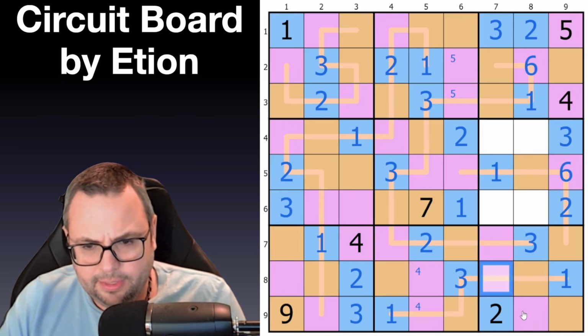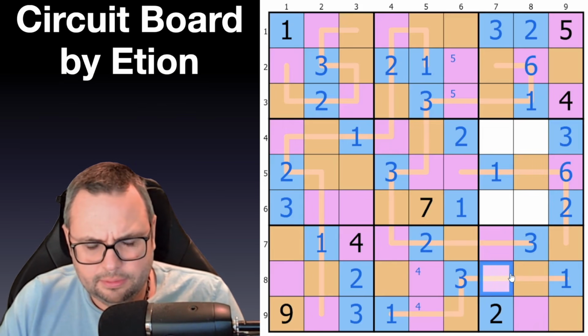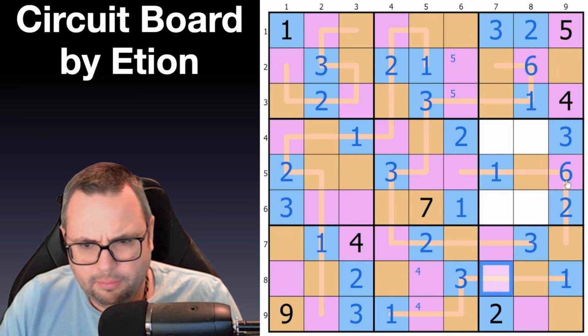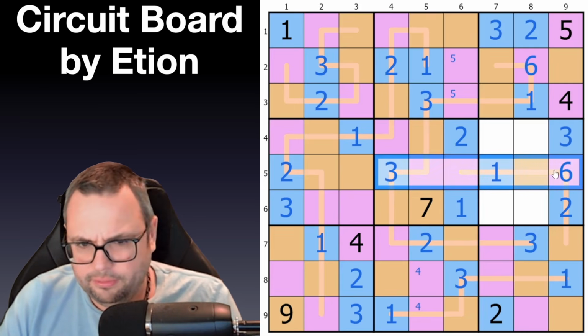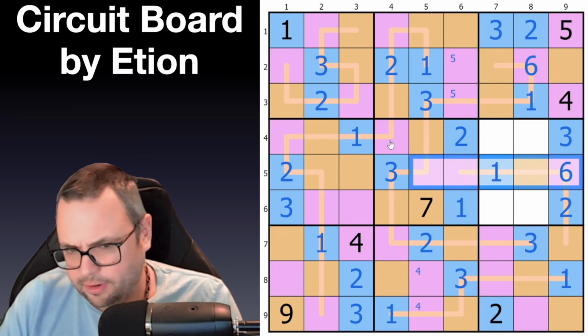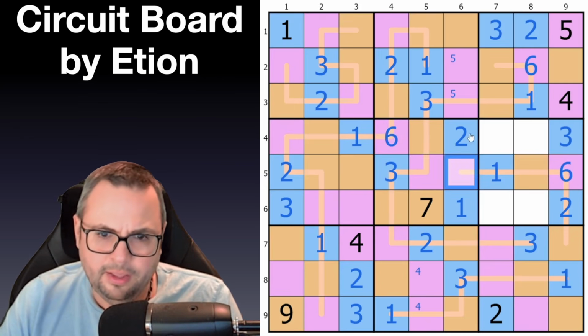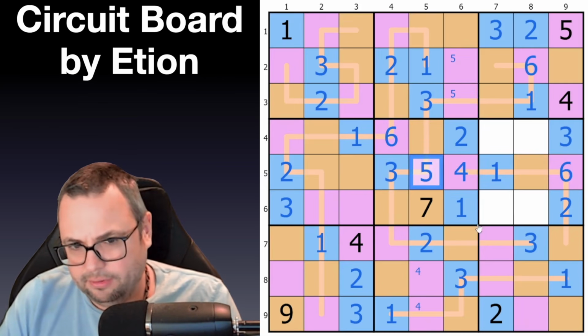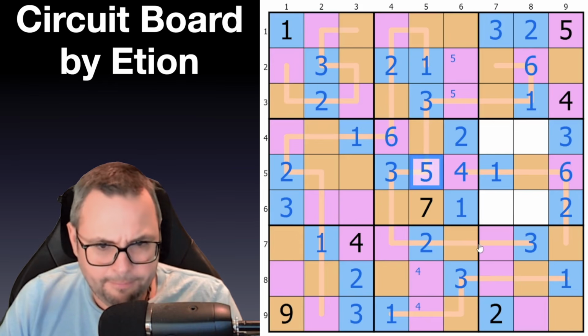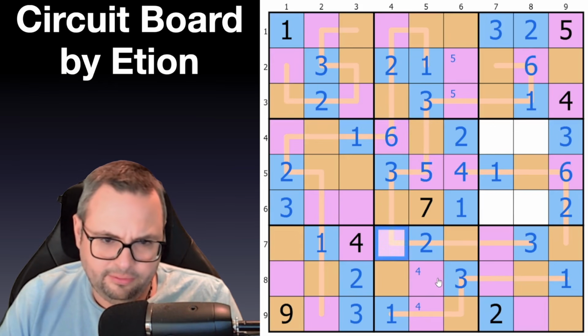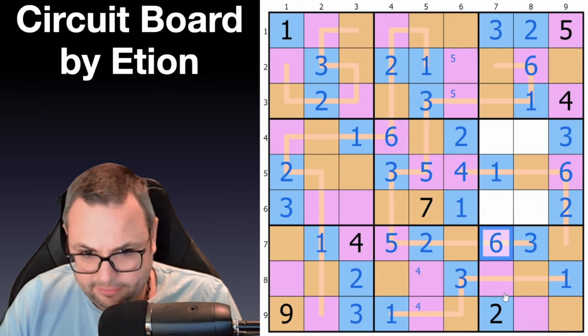Let's see. Okay, well, let's start doing some more of this Sudoku stuff. So this 6 looks across the box and places a 6 there. This digit has a 5 looking down at it, so it's a 4, and that's a 5. This 6 sees a 4, so that's a 5, and that's a 6.